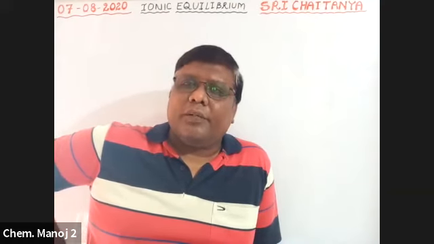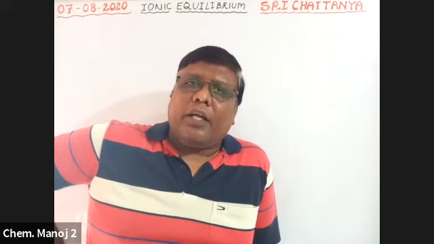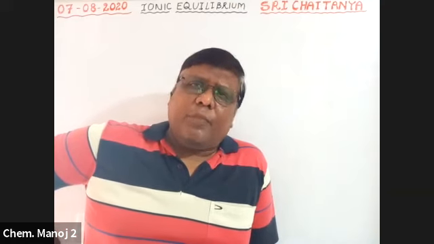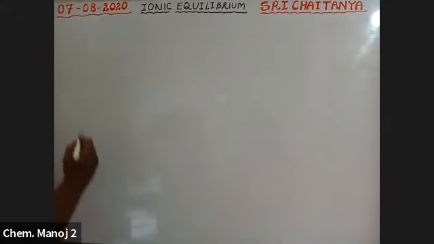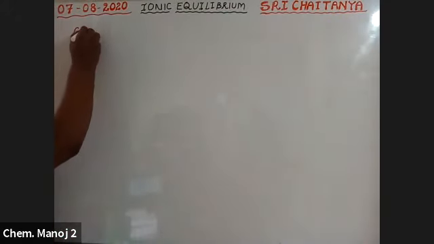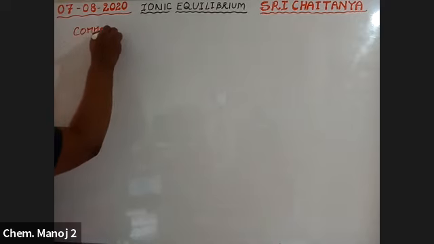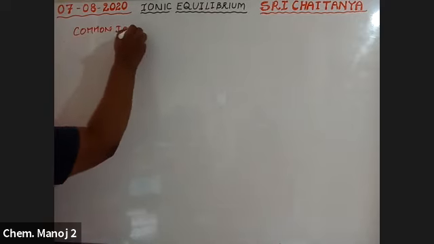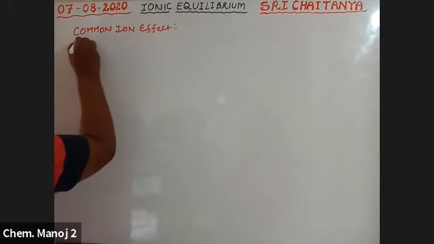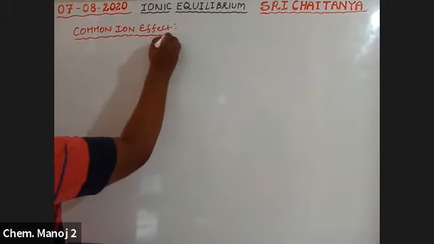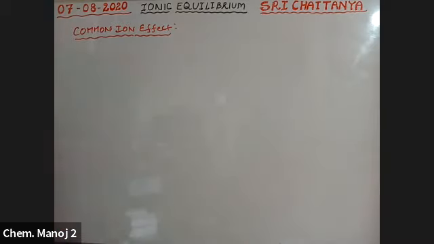Next, our topic is common ion effect. What is this common ion effect? See here. The title gives a hint about the common ion. That means there are certain common ions. Where, sir?